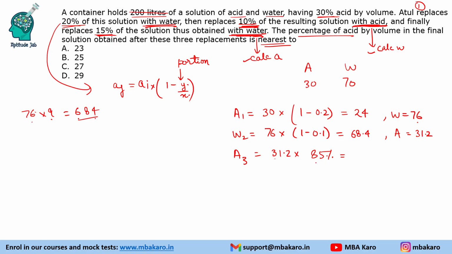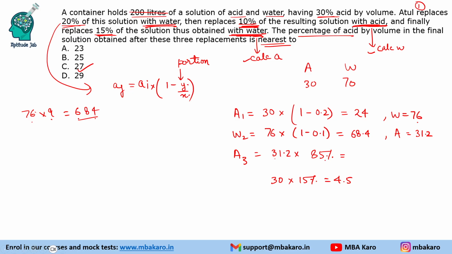So 31, we have to subtract 15%, right? So 1% is 0.3, 15% will be somewhere 4.5, right? So if you take 30 and 15%, you will say 4.5. So it is close to somewhere around 4.5. So we will subtract 4.5, we will get 27. It will be 26 point something.